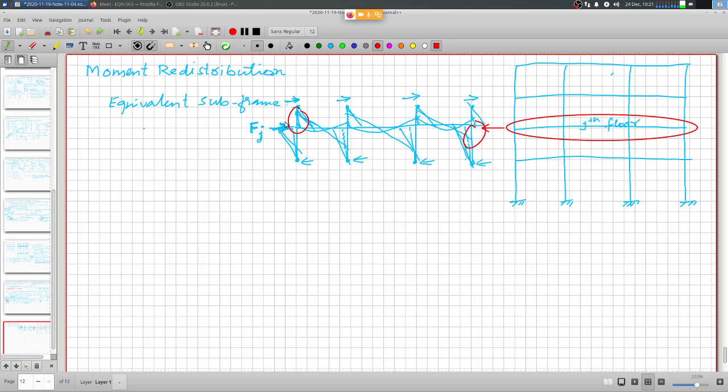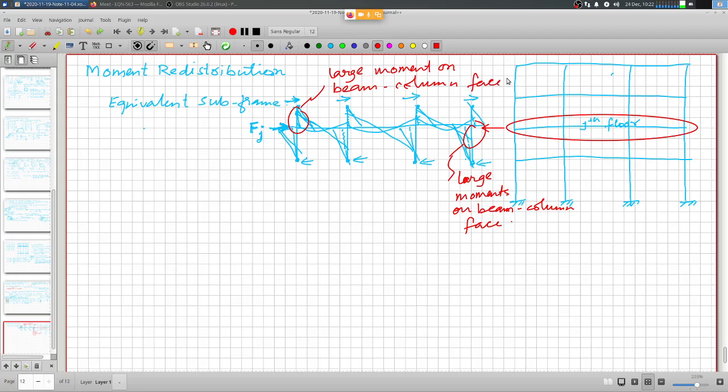So high moment on the beam column face is a very large moment.